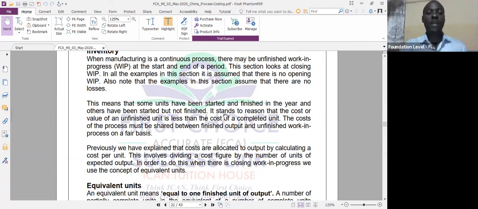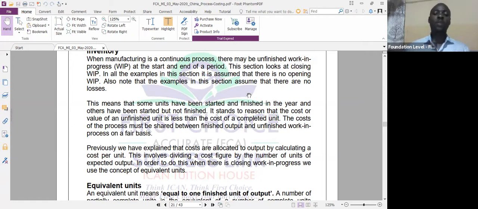So whenever some work have been started in the period and have not finished, it means that the costs in the work in progress would have to be shared between finished outputs and unfinished work in progress on a fair basis.